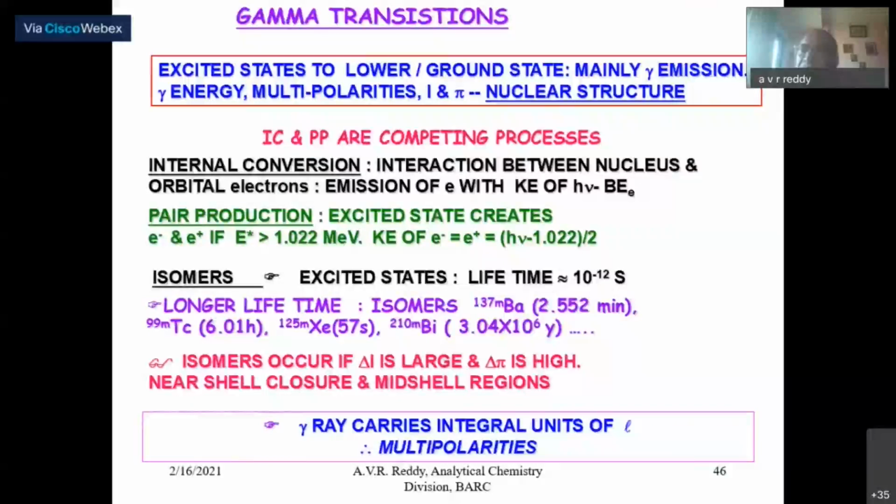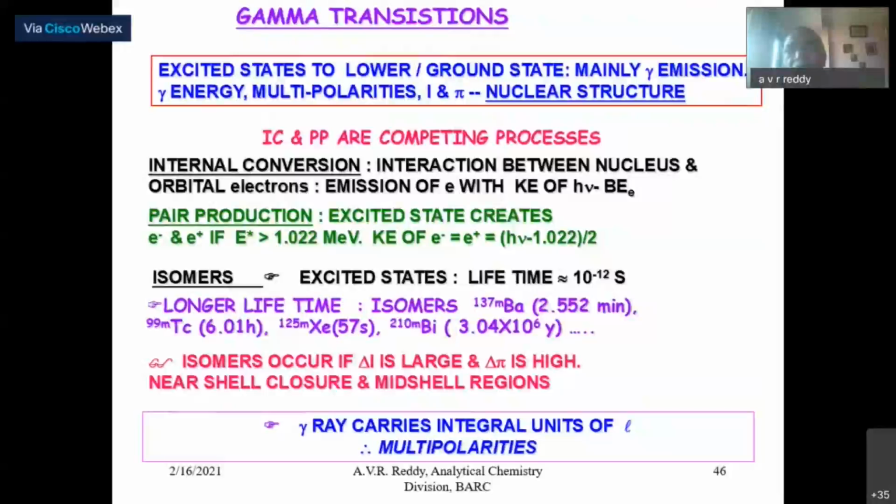And each gamma ray will have multipolarities. And in fact, we can arrive at the multipolarities, spin and parity. From that, we can get the nuclear structure. And it's very, very important. Gamma ray measurement is very important in arriving at the nuclear structure. And experimentally also, in most of our experiments, we measure the gamma ray, we use gamma ray spectrometry.